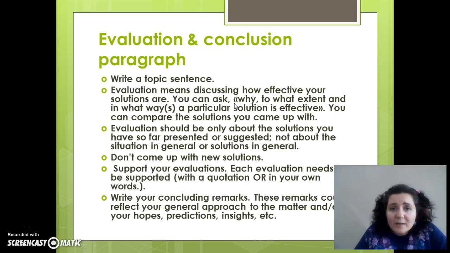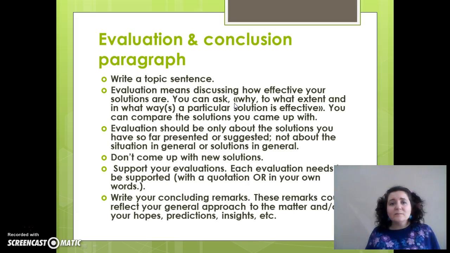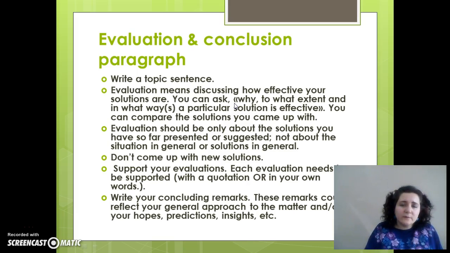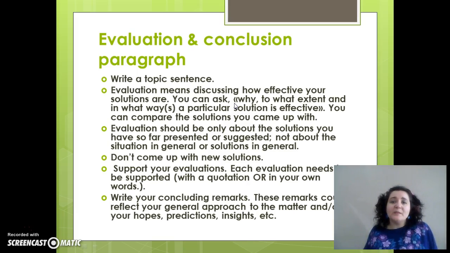And if you are writing them together, integrating them into one another, then you have to make sure that this paragraph has the content both for evaluation and conclusion. Evaluating and concluding are not the same. They are different tasks, different things, and they take different skills.